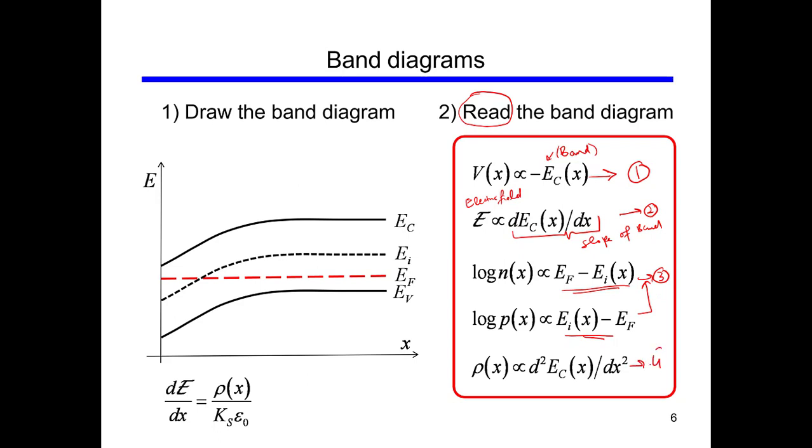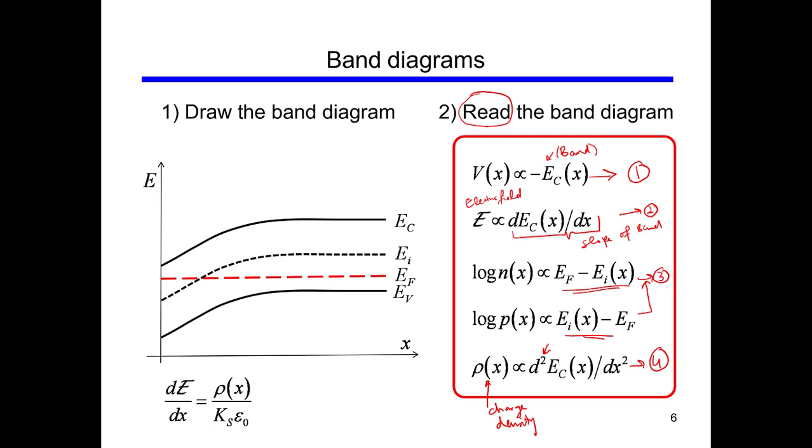And then we have the fourth one, which is the charge density, so how much charge we have per unit area. It is basically the second derivative of our band.